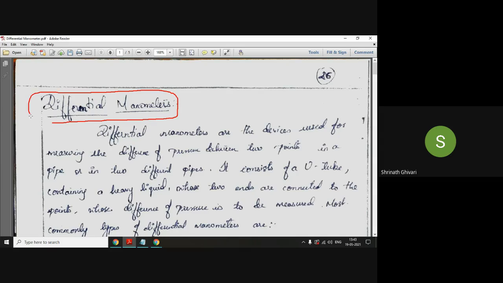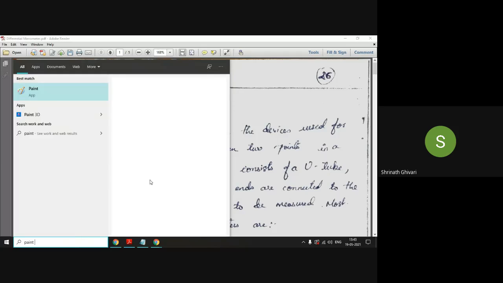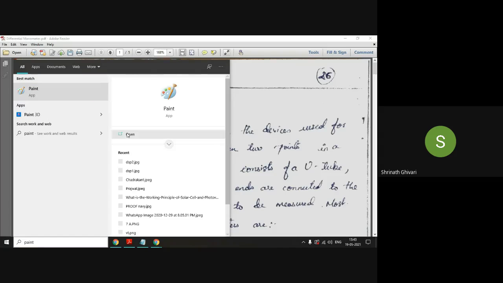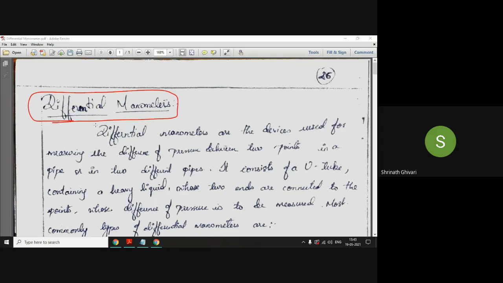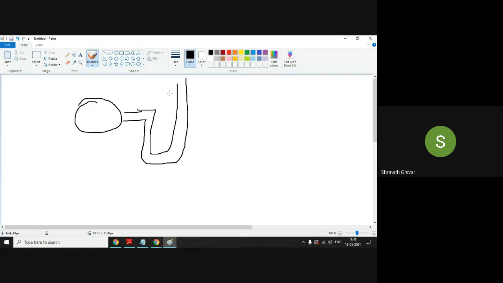Okay, differential manometers. So now we have discussed manometers, right? It has a pipe in which I am going to measure the pressure. There was a pipe to which I connect a U-tube manometer, and the liquid whose pressure I want to measure will have less specific gravity compared to the manometric liquid.